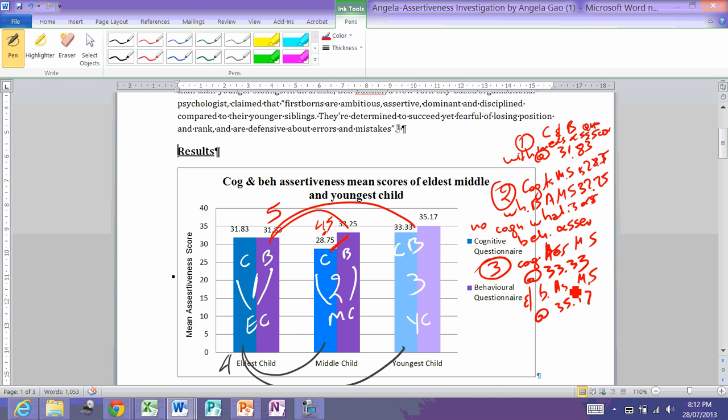Again, the behavior assertiveness is higher than the cognitive. Now, though, the difference between cognitive and behavior assertiveness mean is lower at 1.8 something units difference.